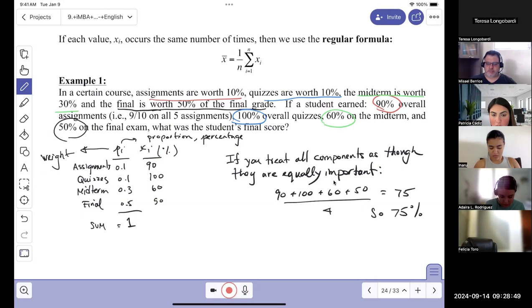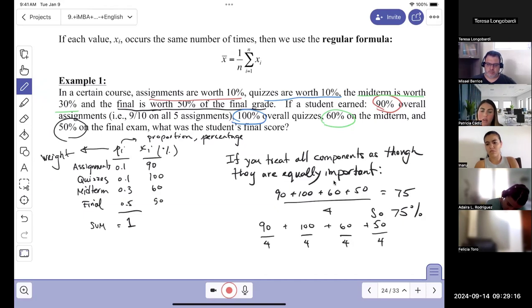In doing this, you've assumed every component has equal significance. In other words, you can see this as... mathematically, that's the same calculation, right? It's easier to add them first and then divide by 4 rather than doing them one at a time.